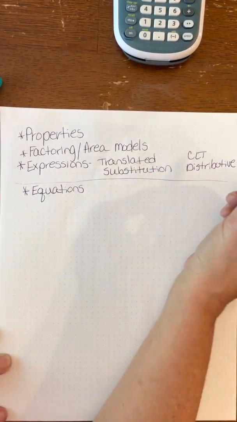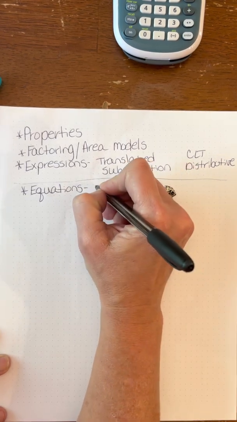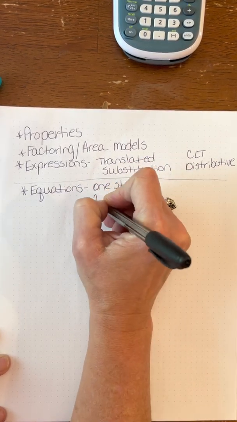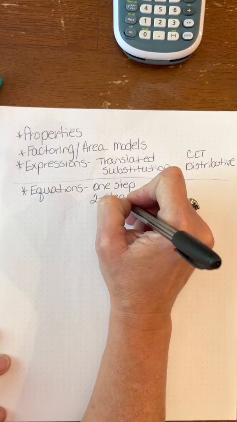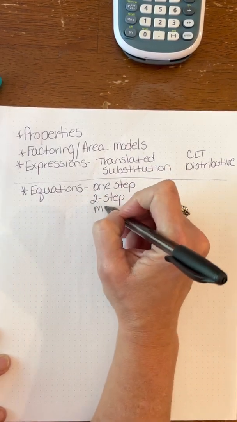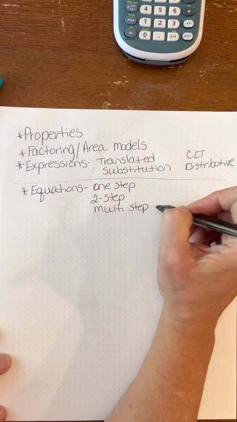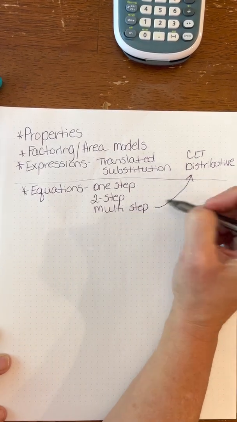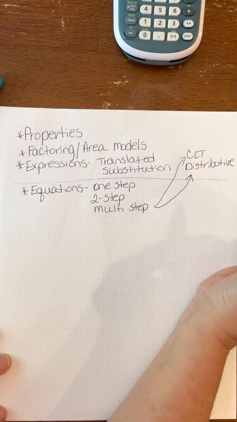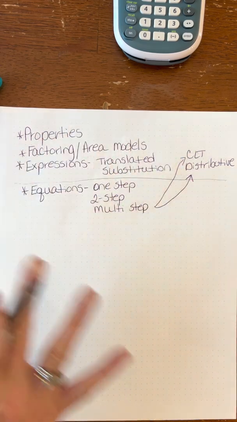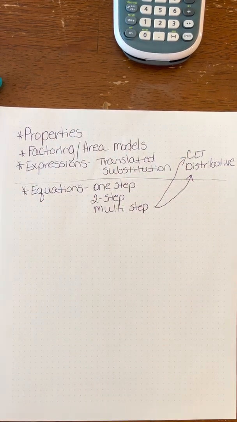Then we started our equations, and we did one-step equations. We did two-step equations. And we did multi-step equations. And our multi-step equations are the ones that had the distributive property and the combining like terms. Okay? So that's kind of everything that we did in this unit.